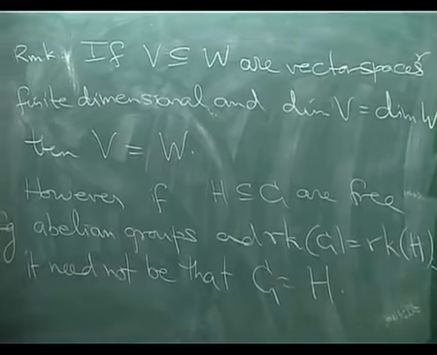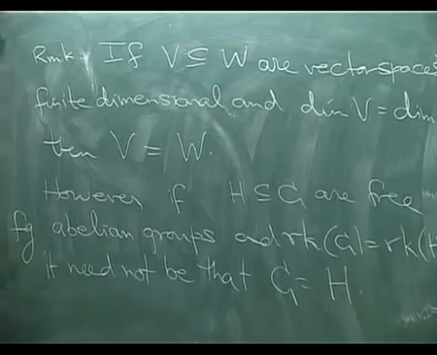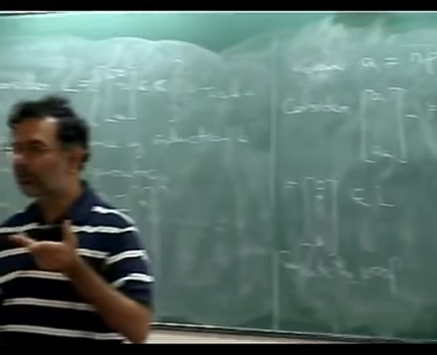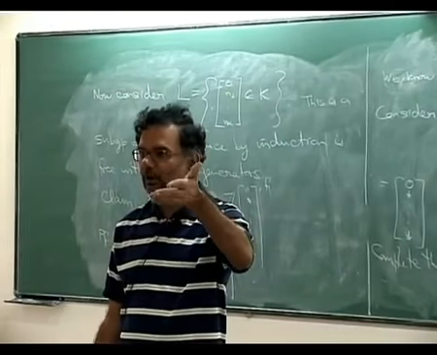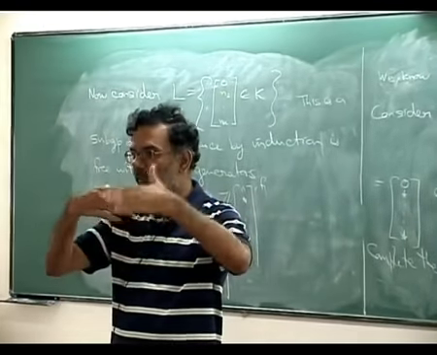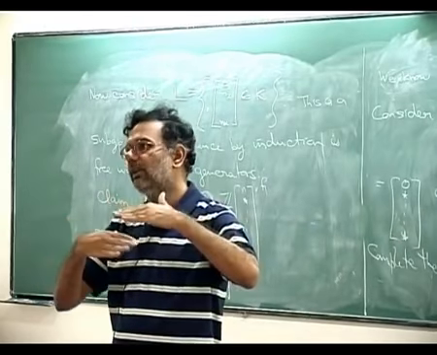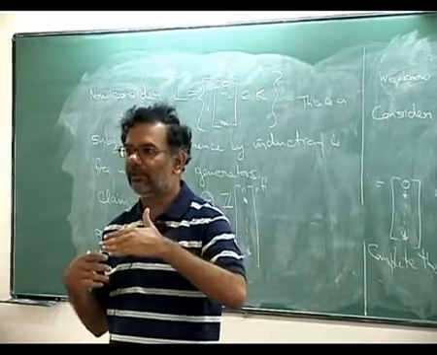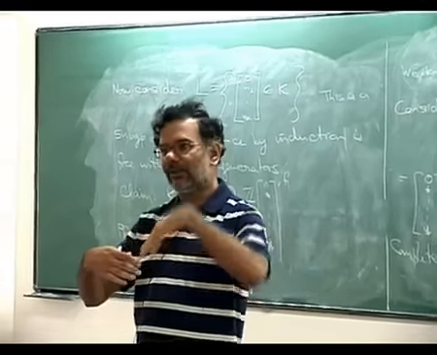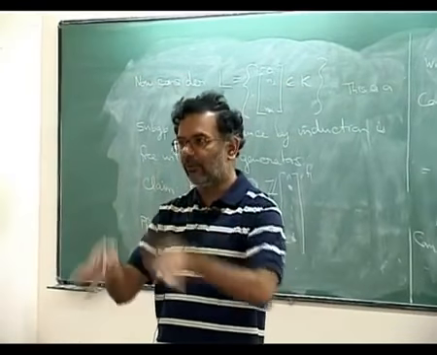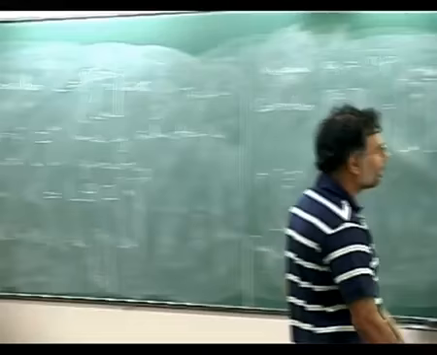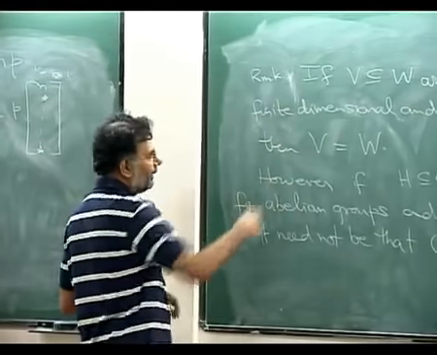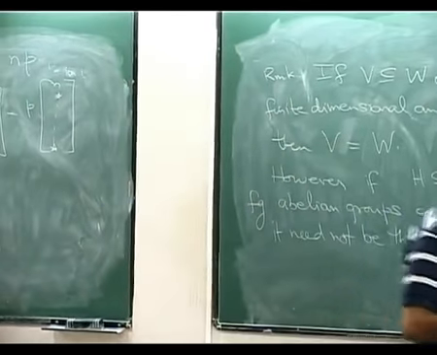Why? Because we just saw Z contains 2Z. 2Z is also isomorphic to Z. So rank of 2Z is also 1. Rank of Z is also 1. And 2Z is contained in Z. Both are of rank 1. But they are not equal to each other. This cannot happen for vector spaces. If you have a one-dimensional vector space contained in a one-dimensional vector space, they have to be equal. But this is an important difference between groups and vector spaces. That's because of the structure of that Z.